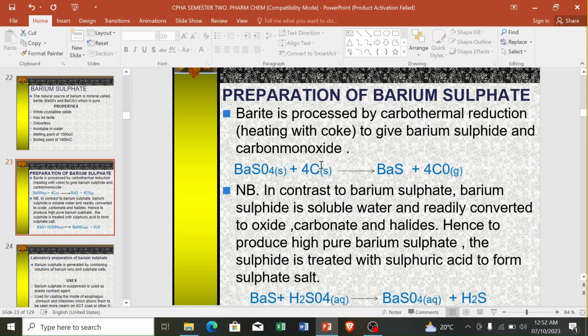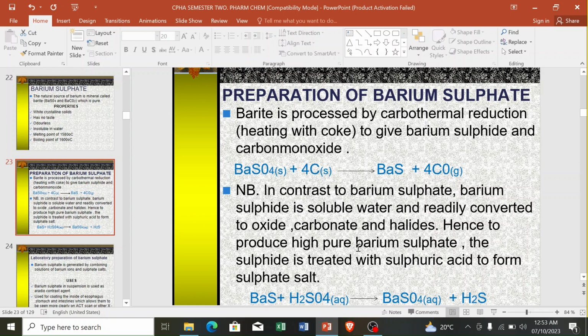So we have barium sulfate plus carbon; carbothermal means there is need for heat in this reduction type of reaction, to give us barium sulfide and carbon monoxide. However, barium sulfide is soluble in water and readily converted to oxide, carbonate, and halide.